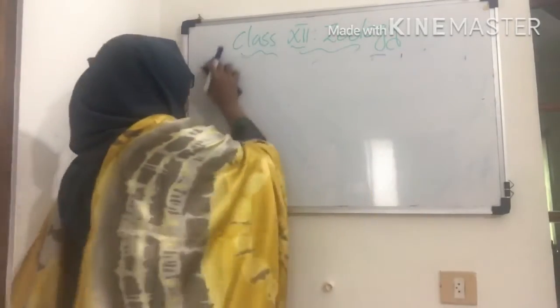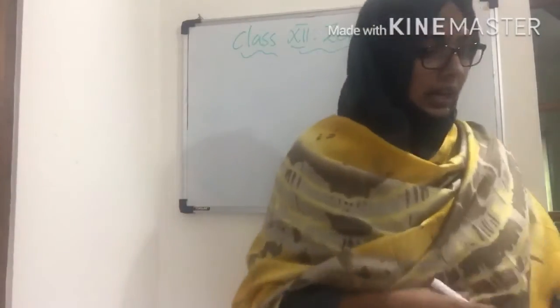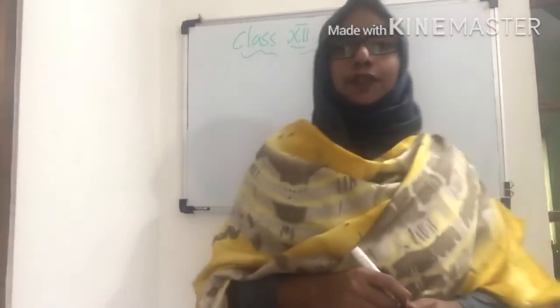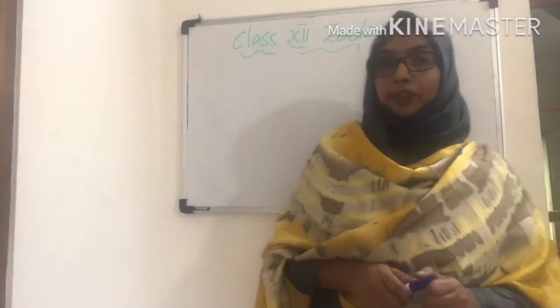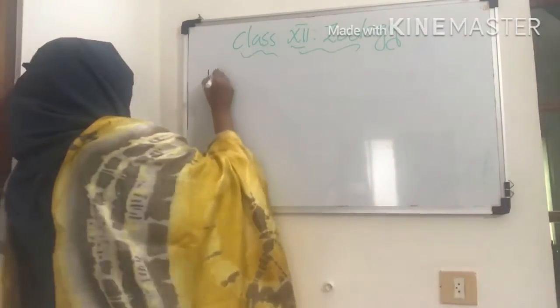Okay. So you know what the gestation period of human beings is? Yes, it is 9 months. During the first month itself, the heart is formed, which is the first sign of growth of the fetus.